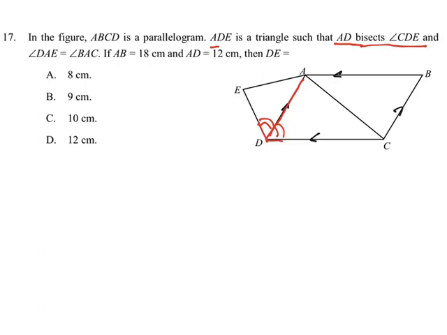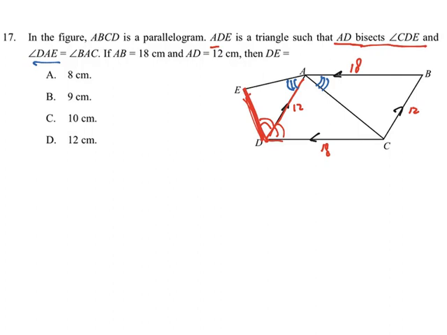And then DAE is the same as BAC. AB is 18, so this is also 18. AD is 12, so this one is also 12. We need to find DE, this side.